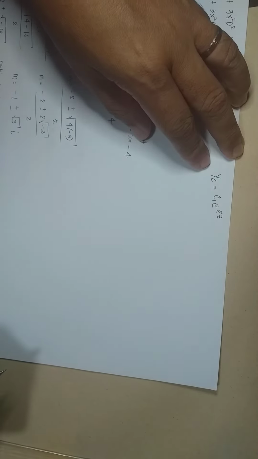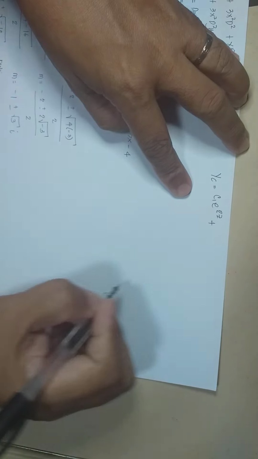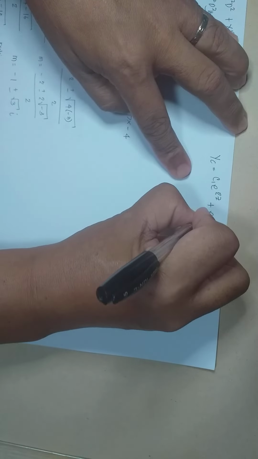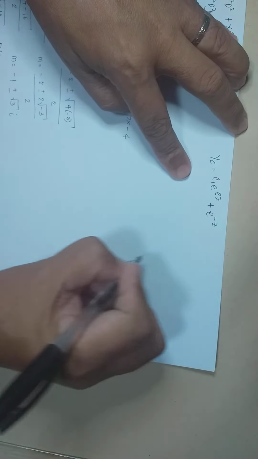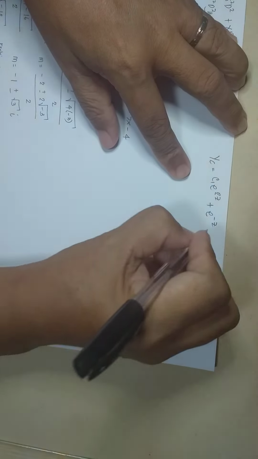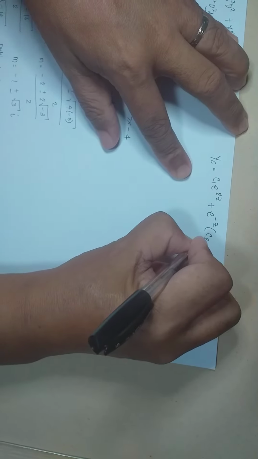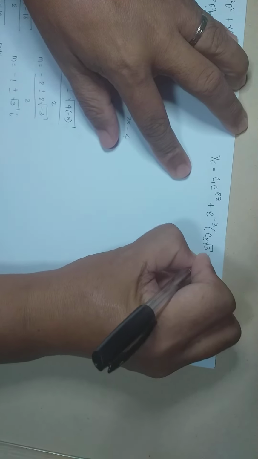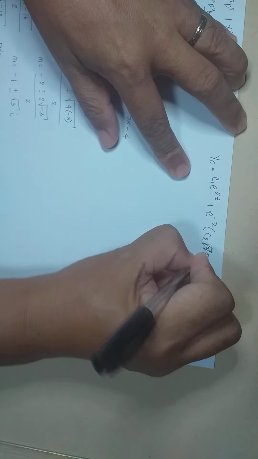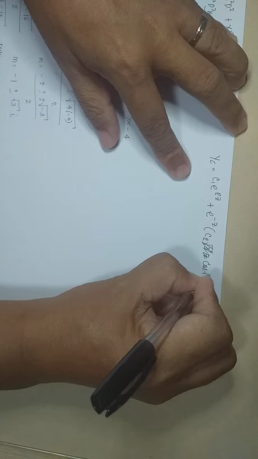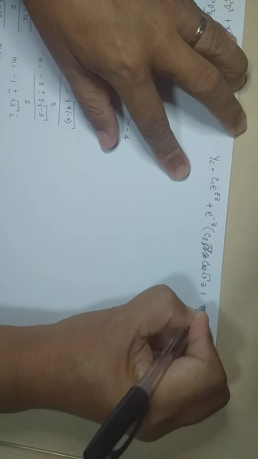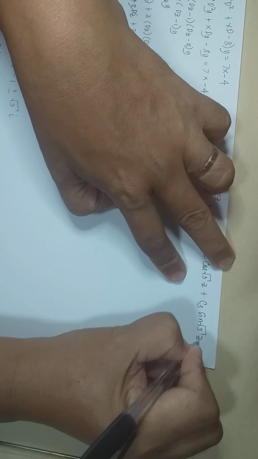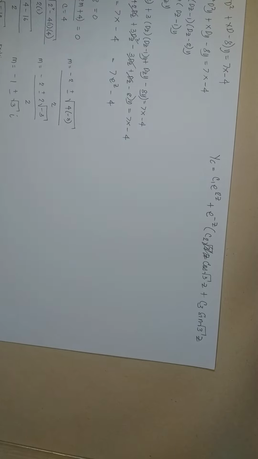Plus e to the negative z times c sub 2 cosine the square root of 3 z plus c sub 3 sine the square root of 3 z. Okay? But what is z?